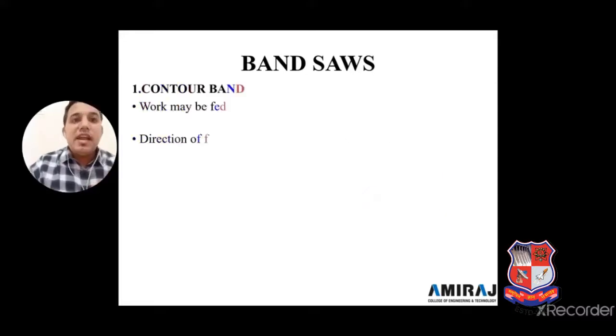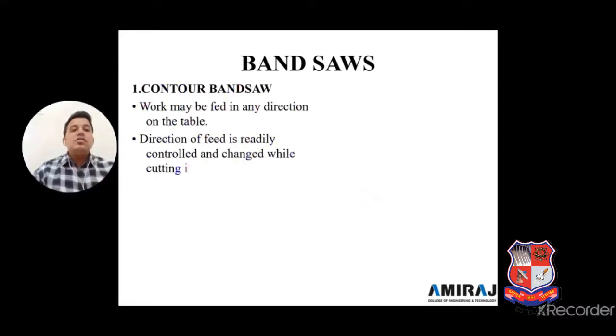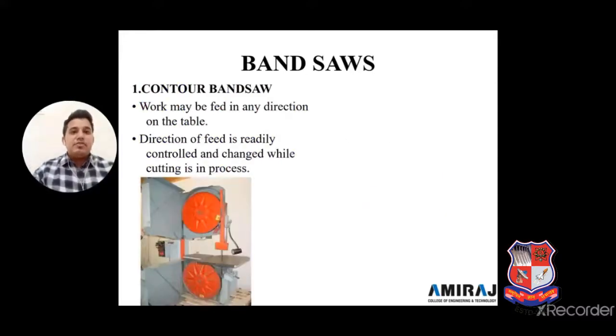Particularly, there are types of band saws. First one is the contour band saw. With the contour band saw, you can make a fine project. Work may be fed in any direction on the table, meaning we can provide the feed from any direction.